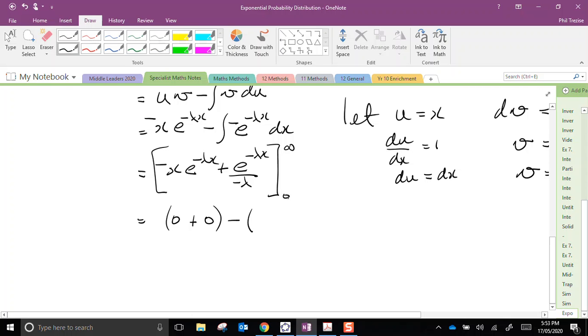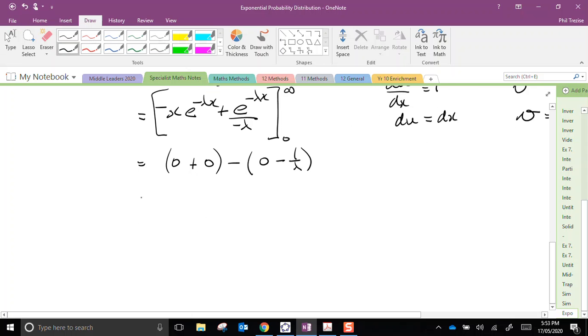Now when I subtract 0, e to the power of 0 is 1, but I multiply by 0 as well, so that's also nothing. This isn't looking so great. Oh, here, finally, we will have e to the power of 0 is 1, and then it is 1 over negative lambda, so it's minus 1 over lambda. Finally, there was something.